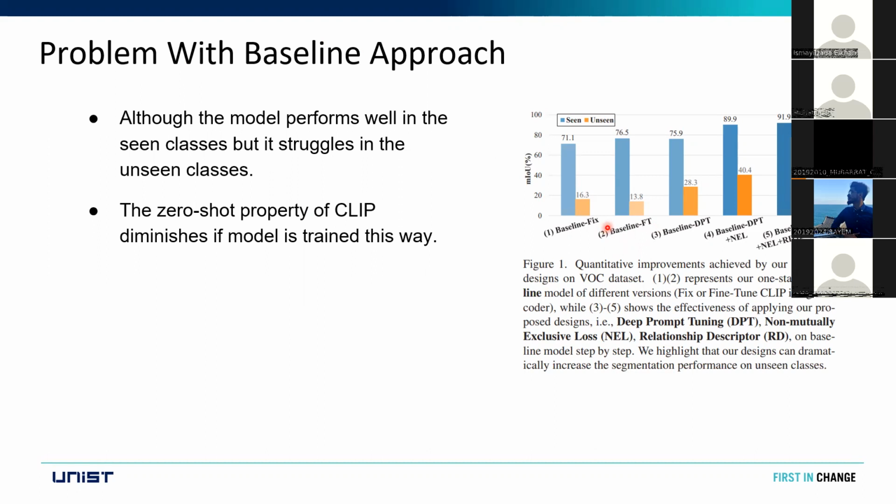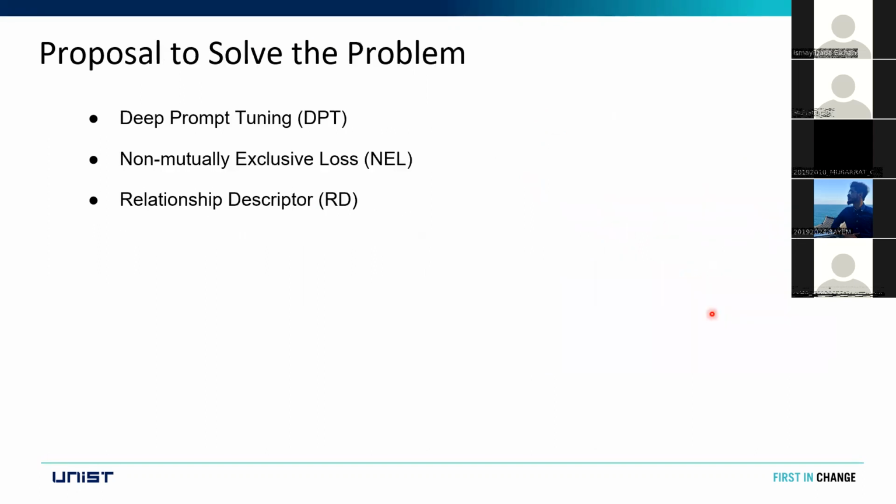To solve this problem, I'll come back to this part again later. So to solve this problem, they have proposed these three proposals to mitigate the issue of overfitting to training classes.